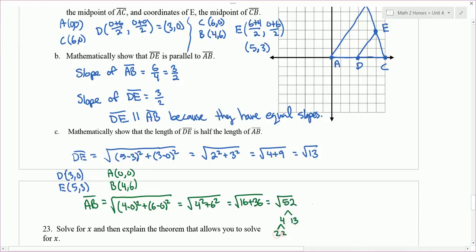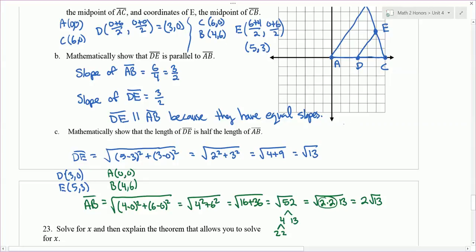4 is 2 times 2. And so this is the square root of 2 times 2 times 13. I can take the square root of 2 times 2, because when you multiply the same number with itself, you get a perfect square. Square root of 4 is 2, so this is 2 square root 13.